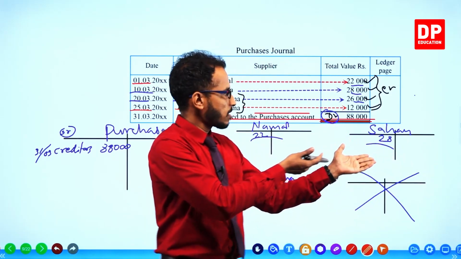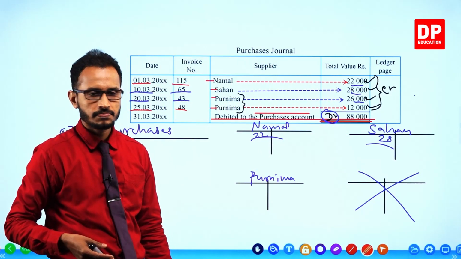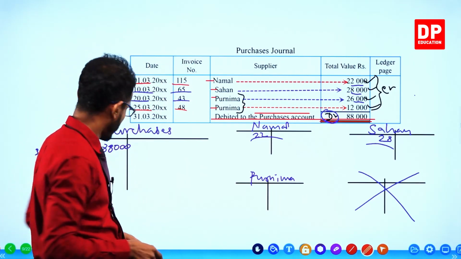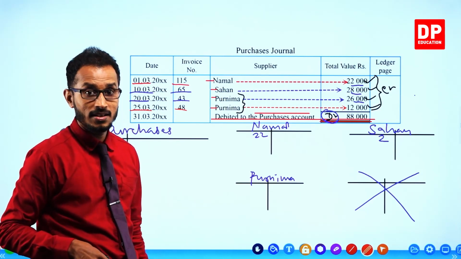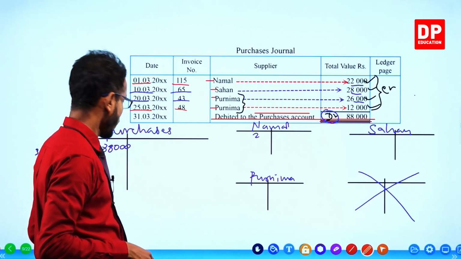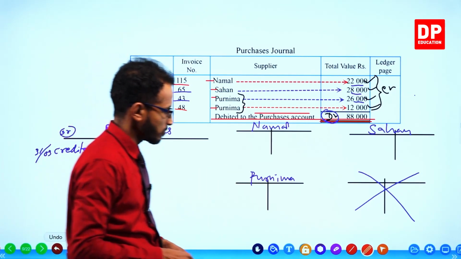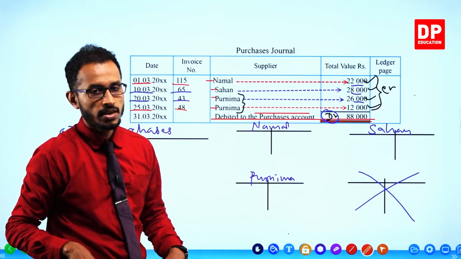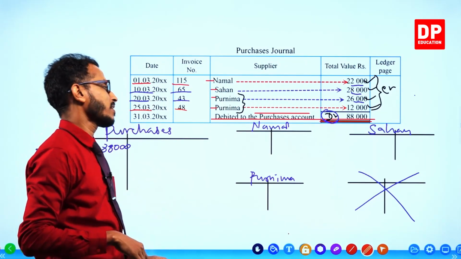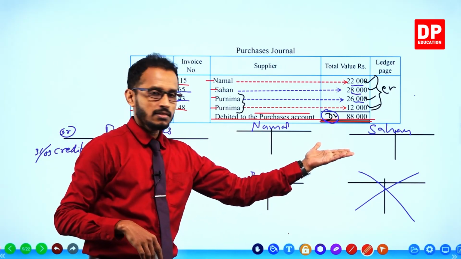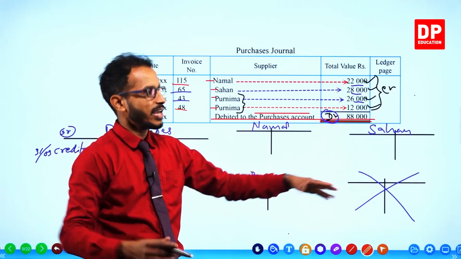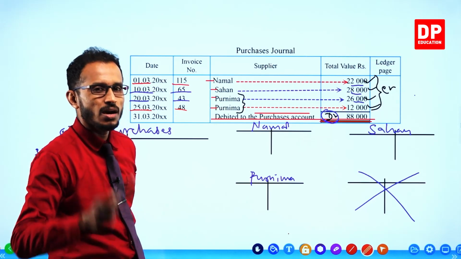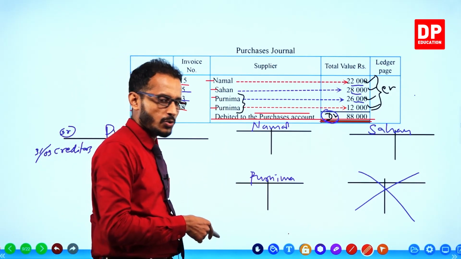Again, the double entries should be credited. Children, be attentive, okay? Be mindful. You do this mistake all the time. You debit one entry and instead of crediting the double entry, you again debit the other accounts too, just like I did. That's what I showed you.